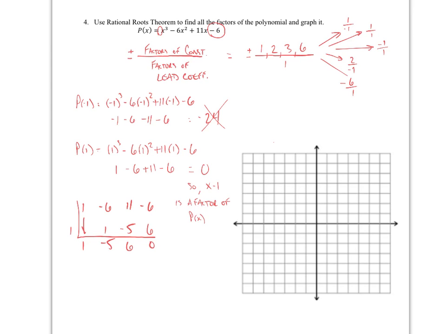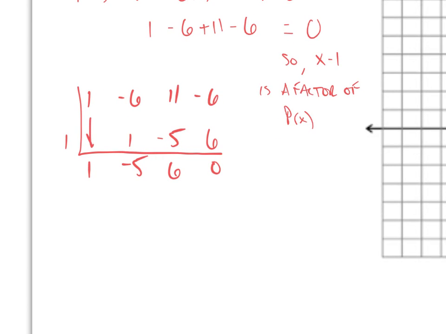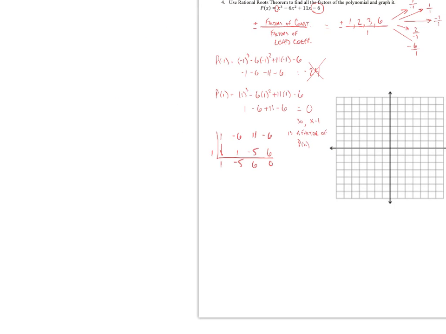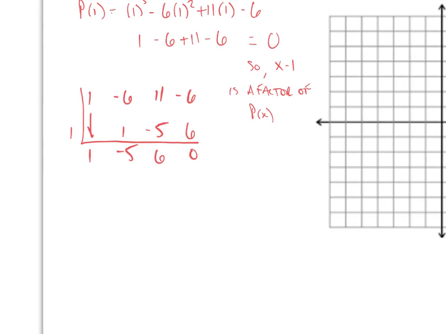But the reason we did that is so that we could have our new equation. This is what's left over when you pull that out of p of x. You have this quadratic: x squared minus 5x plus 6, which is something that we can break down further. So let me just rewrite it so it's easier to see.